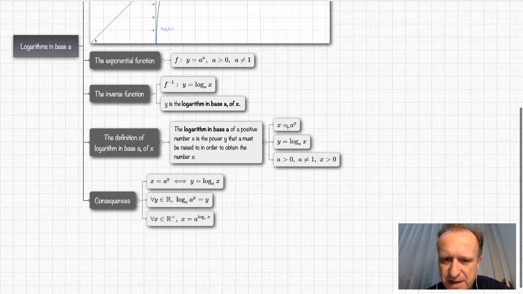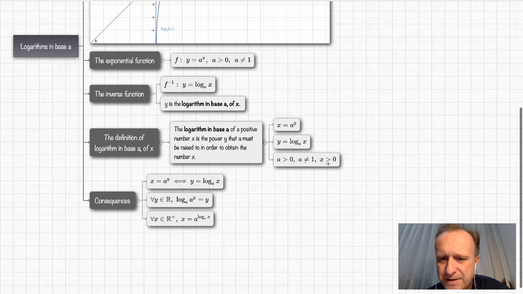and this proper value of y that results in x as the result of this calculation is called the logarithm in base a of x. Now the obvious conditions were already mentioned, but let us repeat them again. So a has to be positive and not equal to 1. This is the requirement for exponential functions, and also it must be a requirement for the logarithmic functions.